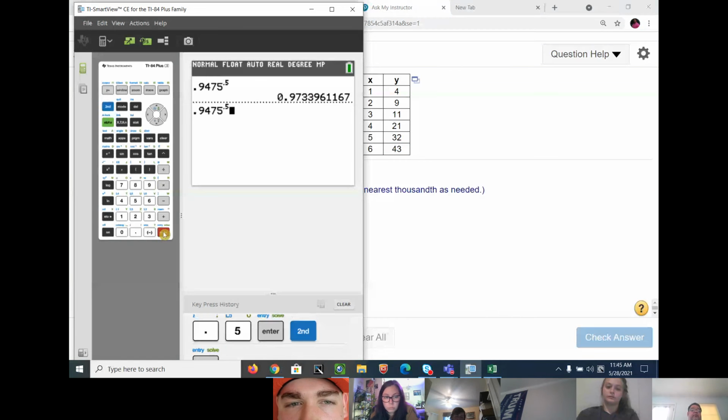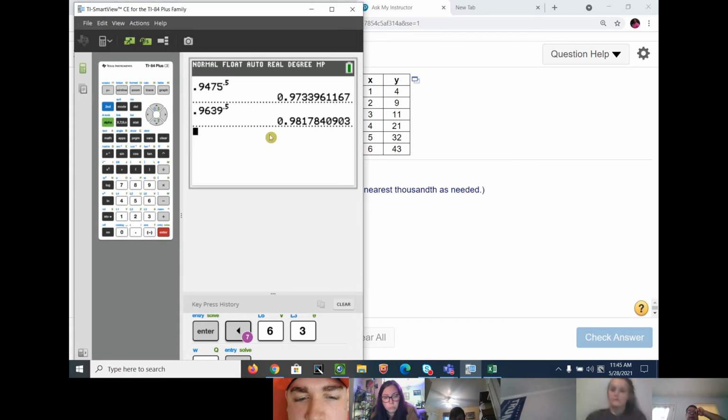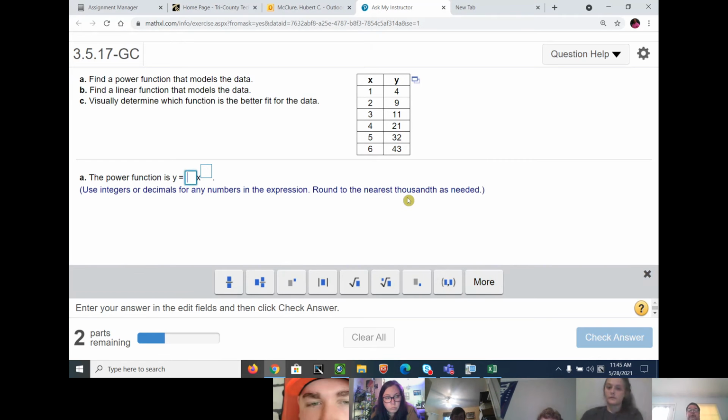Second entry, 0.9639. The square root is 0.98. So mathematically the power has the better correlation. So I would say the power rule is the better one of the two. It says round to the nearest thousandth. 3.575 raised to the 1.309. And that should be it.